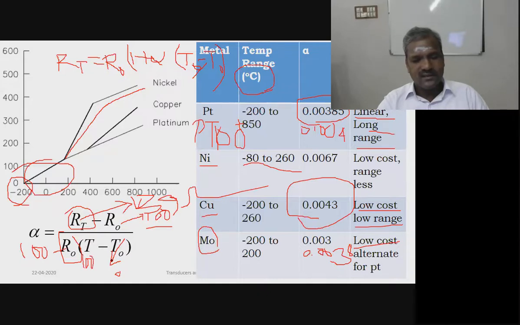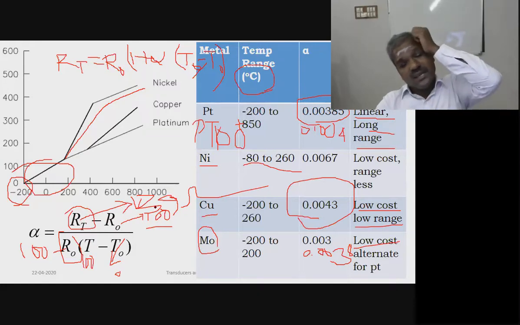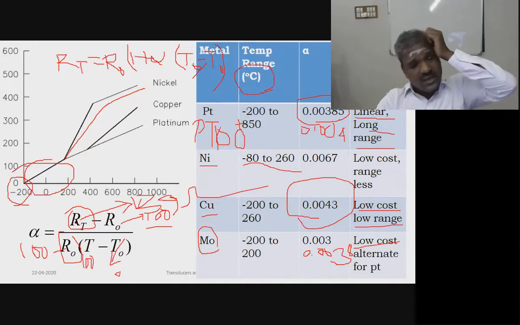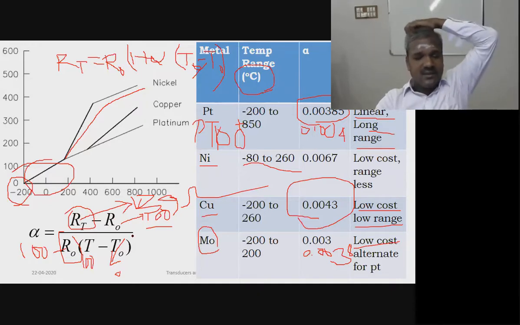So 100 degrees Celsius minus 0 is 100. 100 into 100 is 10,000. In the numerator, 139 minus 100, 39 ohm, divided by 10,000.